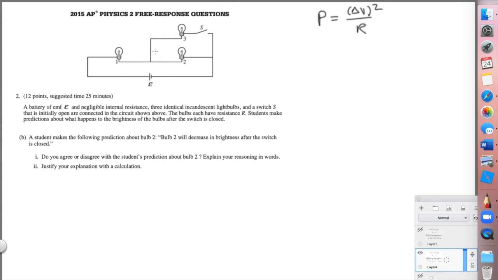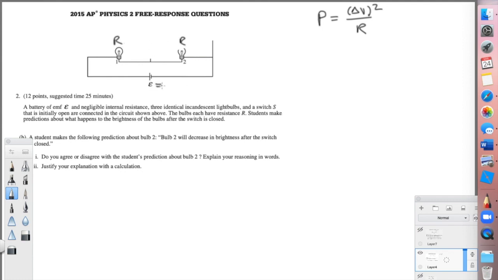So again, with the switch open, we have bulb 1 and bulb 2 in series. Now what that means is, if the resistances are equal, and let's just say it's a 12-volt battery, the positive terminal is 12 and the negative terminal is 0.